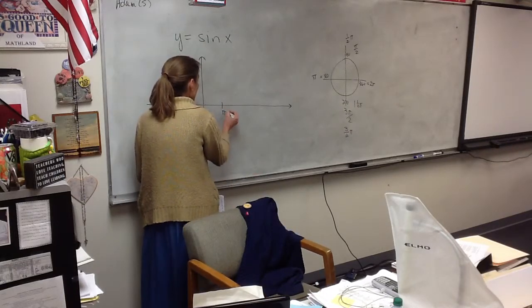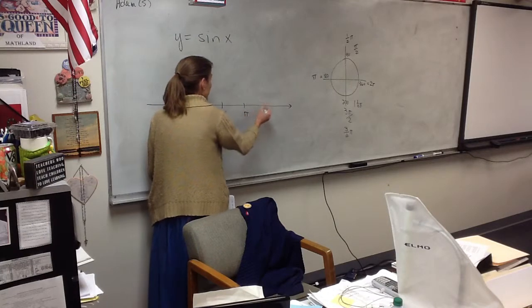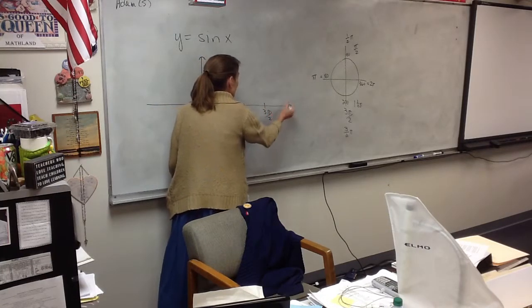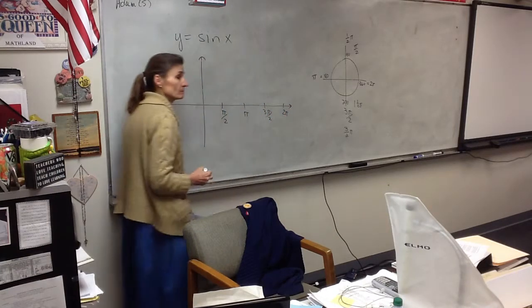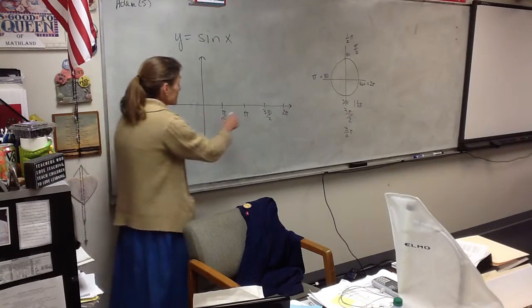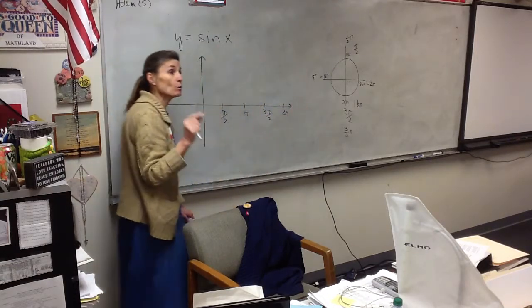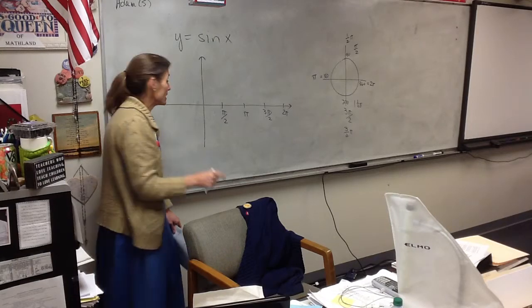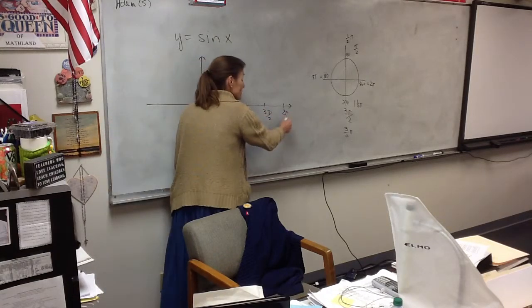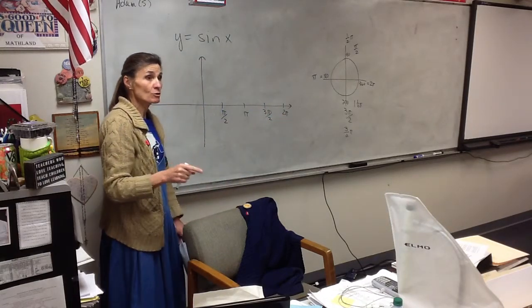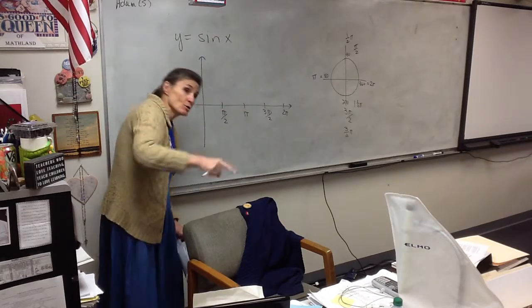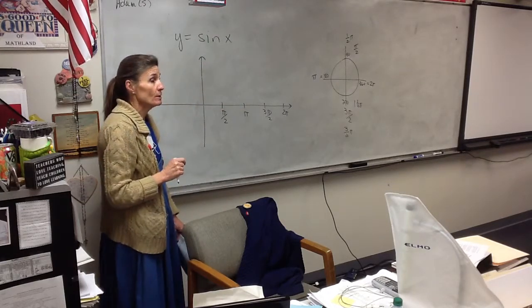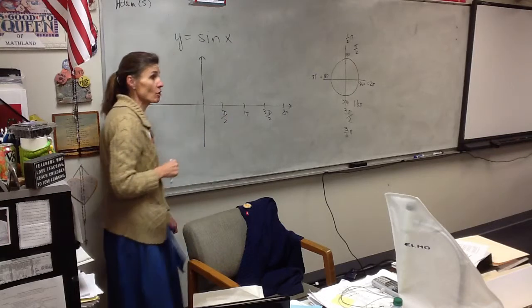So I'm going to put a pi over 2, and a pi, and a 3 pi over 2, and a 2 pi. Those are the important angles. If I were doing it in degrees, it would be 90, 180, 270, 360. Do you see that? Those are kind of the benchmark angles. So these are the ones we're always going to start with.